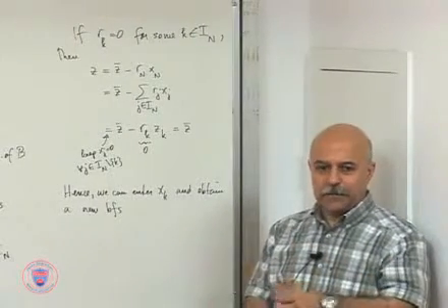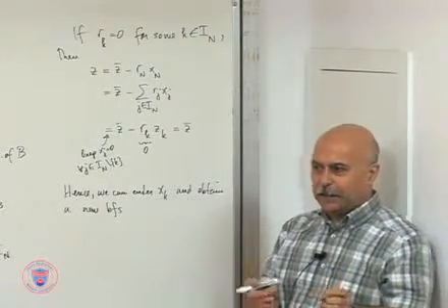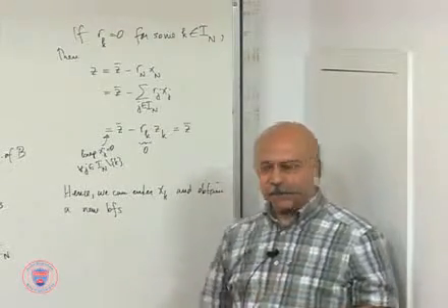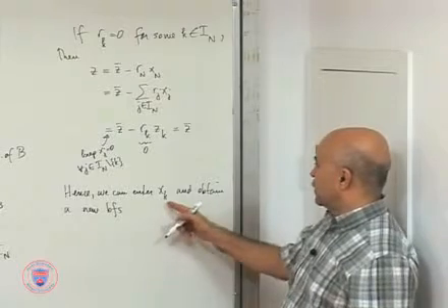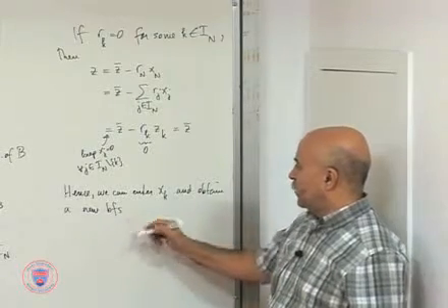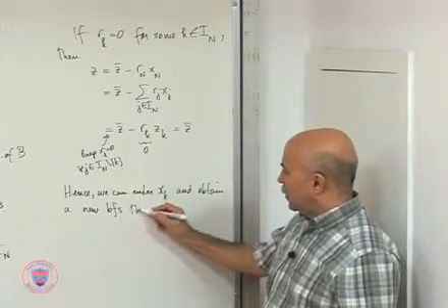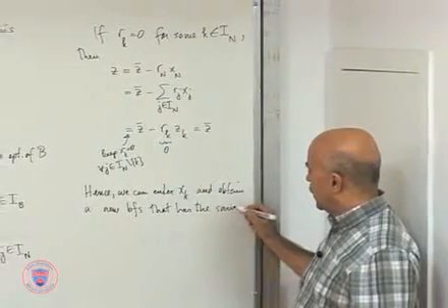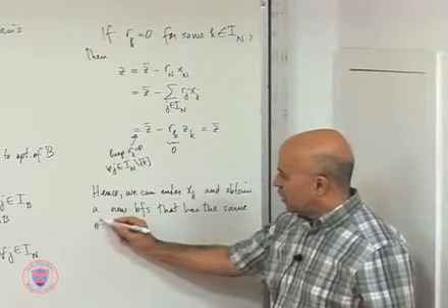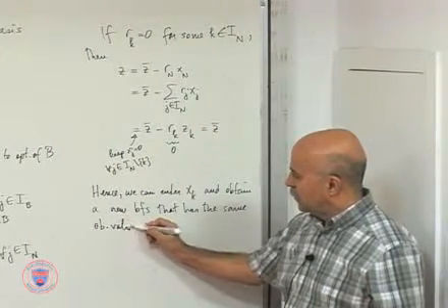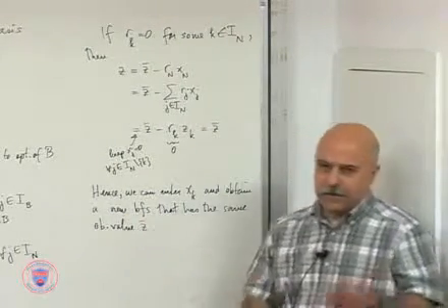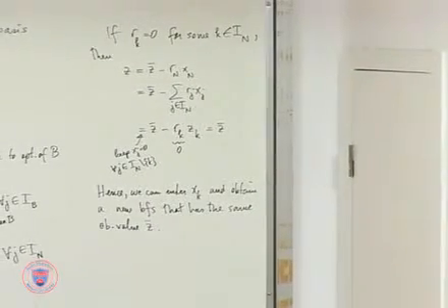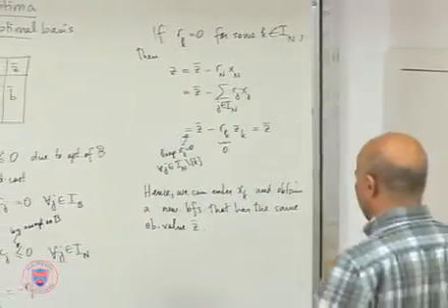Well, you look at the minimum ratio again, and that tells you which basic variable becomes non-basic. So this leads to a new basic feasible solution that has the same objective value z bar. Of course, since these are alternative optimal solutions, they must have the same objective value.